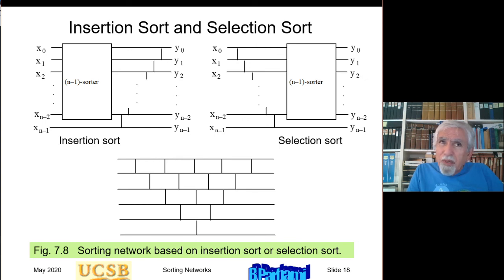Okay, there are various ways of building sorting networks. So this is basically using what is known as insertion sort. Basically sort n-1 of the inputs. So it's a recursive solution. Given n inputs, sort n-1 of them, a smaller problem, and then merge the last one with that sorted sequence.